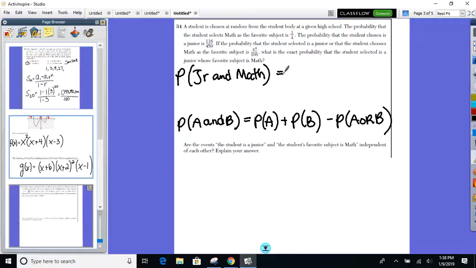Junior and math. Ready? Probability you're a junior, 116 over 459, plus probability math is your favorite subject. I know you see math as favorite subject, but that's not what it's for. 1/4, minus, now what's your probability that you're a junior or you like math? That's 47 out of 459.